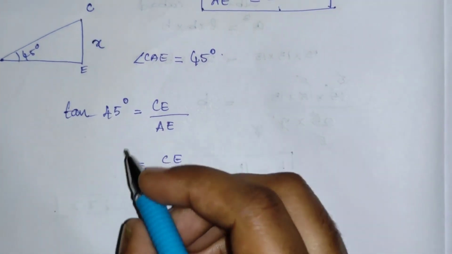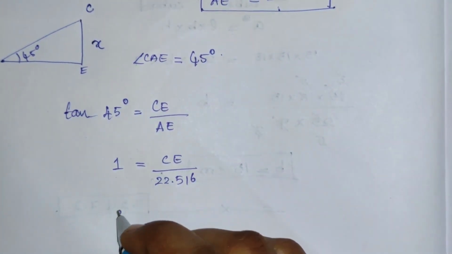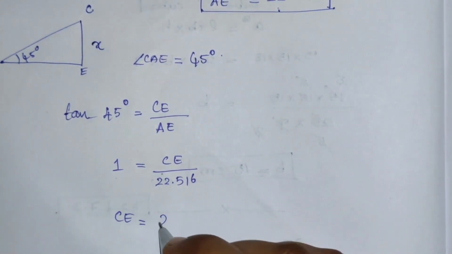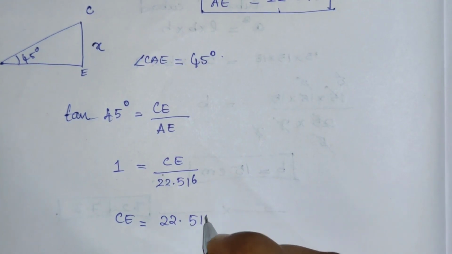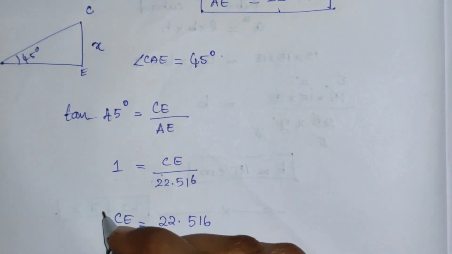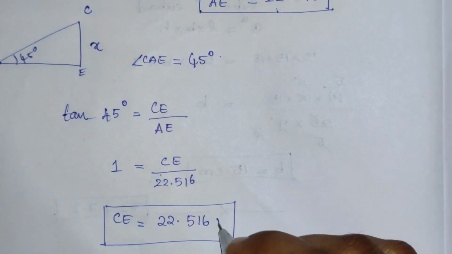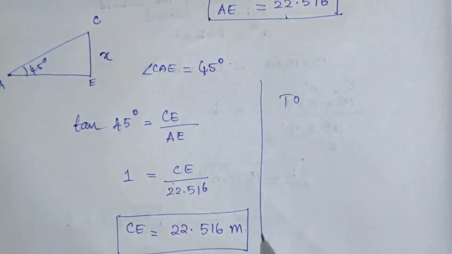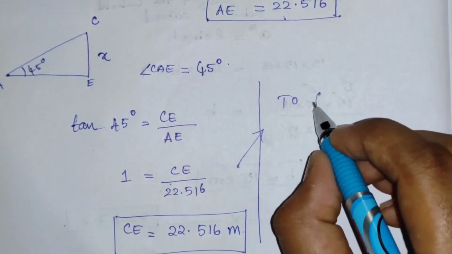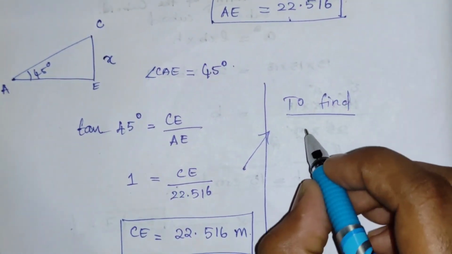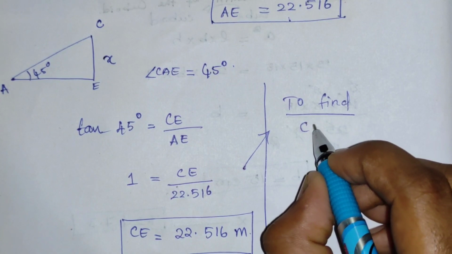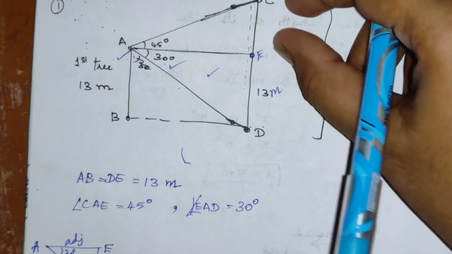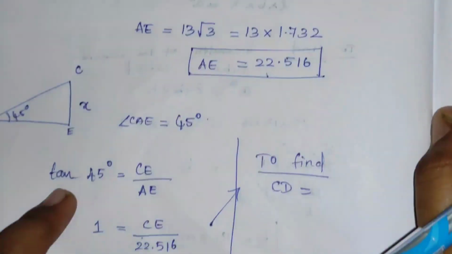So tan 45 degree is equal to 1. Now cross multiply, CE is equal to 22.516 meter. But we are asked to find CD. CD is nothing but CE plus ED.